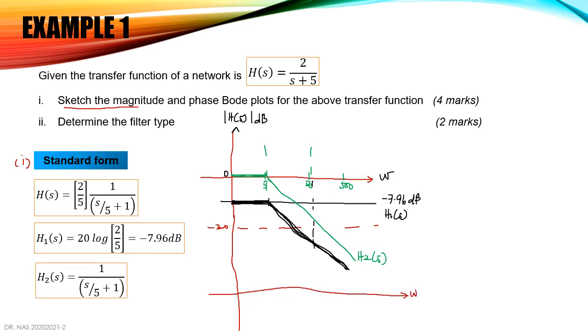Okay, so you have the constant, so it's 0, and then you have a pole at 5, and then 50. So a pole at 5 means that it has minus 45 degrees at 5, extended to 0.5, and the next decade is 50, so something like this.